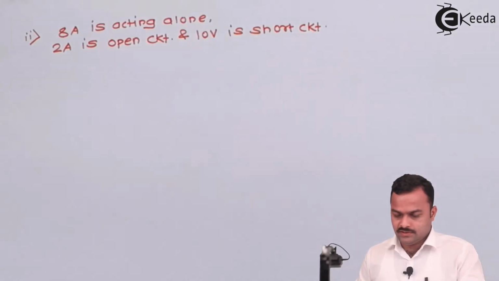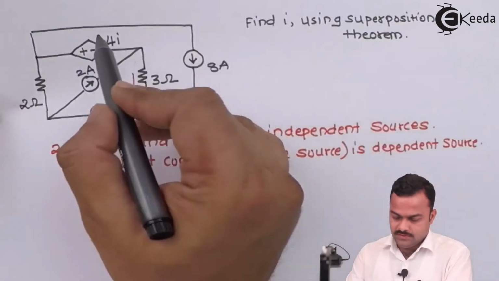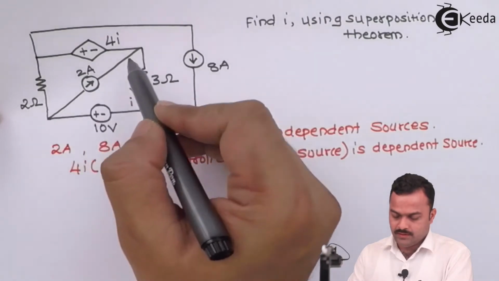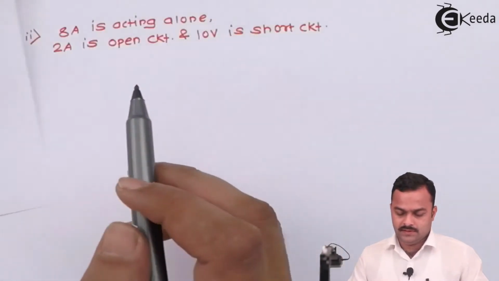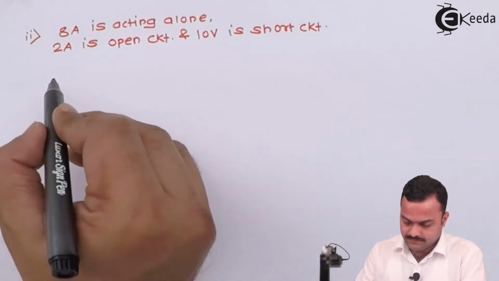So in the original circuit, this will be there, 2 ampere will be open and this will be shorted. So we'll get a circuit like this.